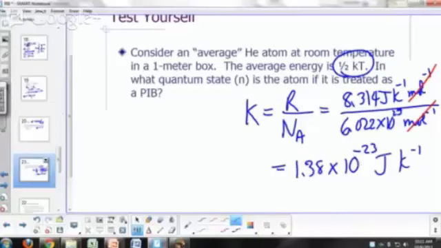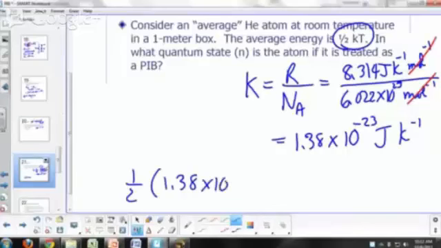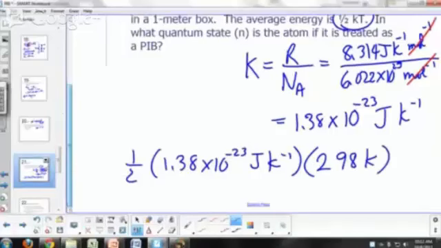So what's the average kinetic energy of a helium atom at room temperature? 1/2 kT, assuming it's moving only in one dimension. 1/2 times 1.38 times 10 to the negative 23 joules per Kelvin. Typical room temperature is 298 Kelvin.